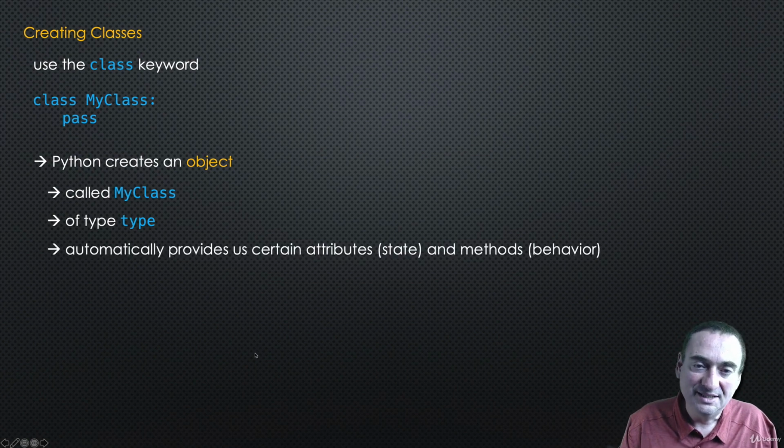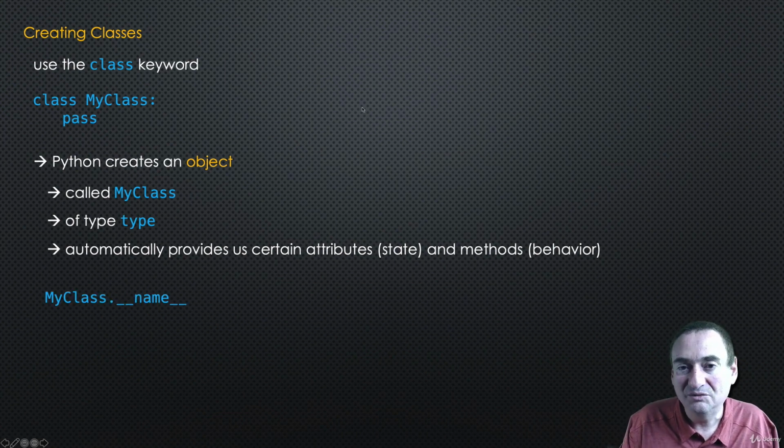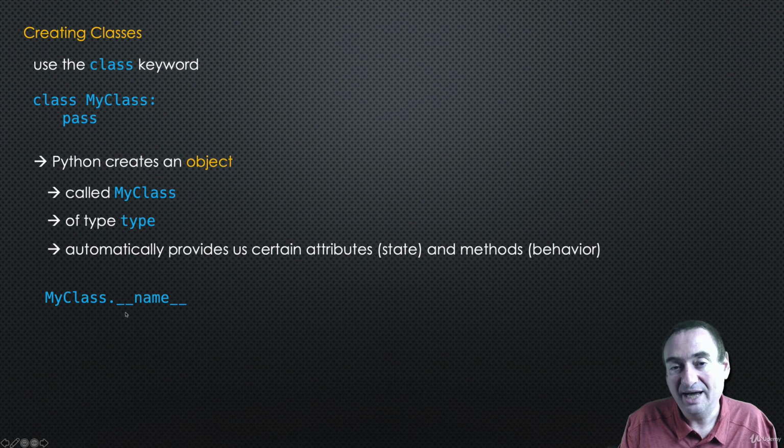Now one thing that's nice is that Python automatically provides certain attributes, state and methods and behaviors to this particular object. Just like when we create a function, yes, we have the function code that we create and the arguments and so on, but there's a bunch of extra things that Python puts into that function object for us. Well, the same thing when we create a class. So even though here I have an empty class, there are certain attributes and methods that are already basically there. For example, the dunder name attribute.